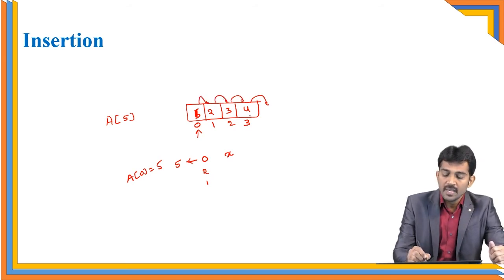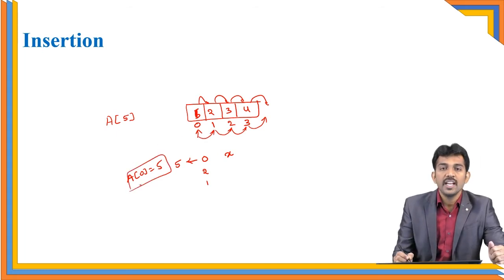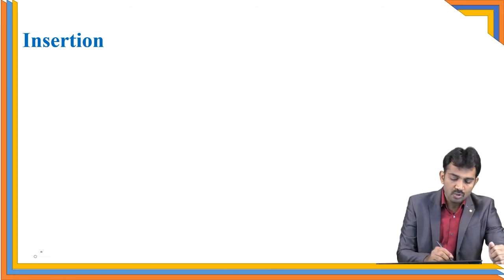The third index goes to the fourth index, the second index goes to the third index, the first index goes to the second index, the zero index goes to the one index, and then you apply this statement. Only then will it work. Otherwise, you may lose your data. So what should I do?